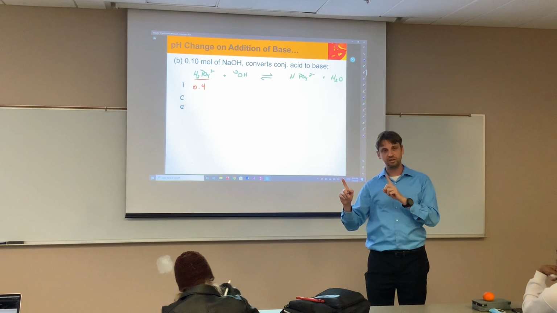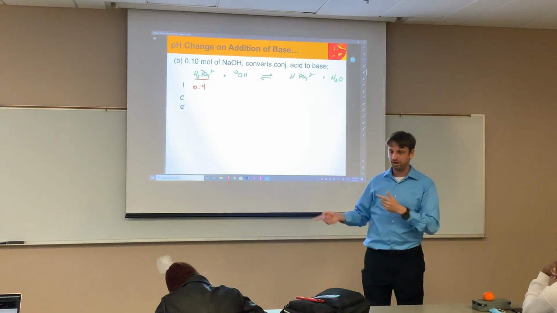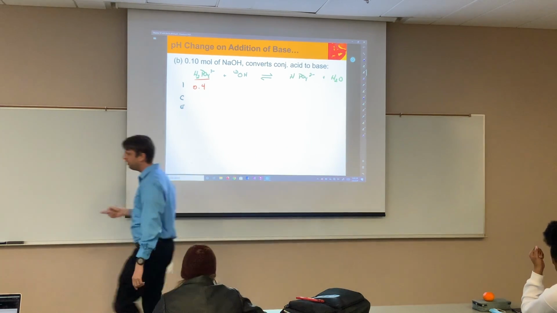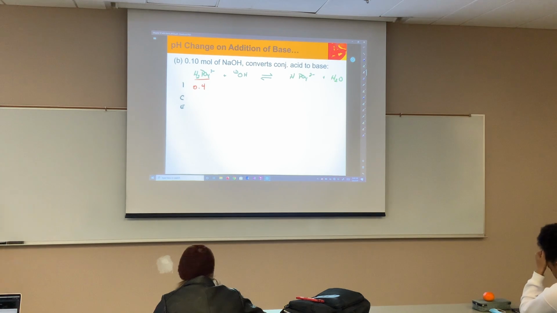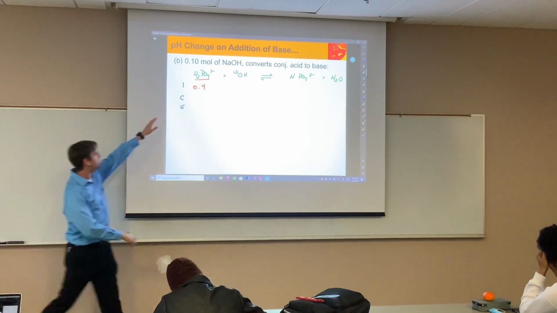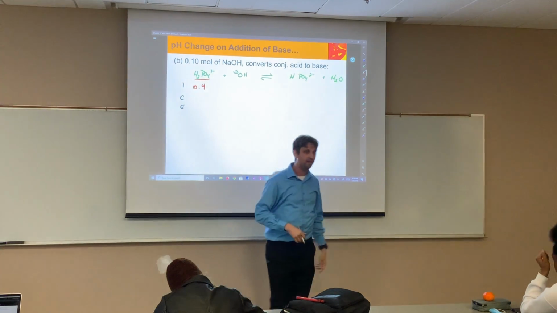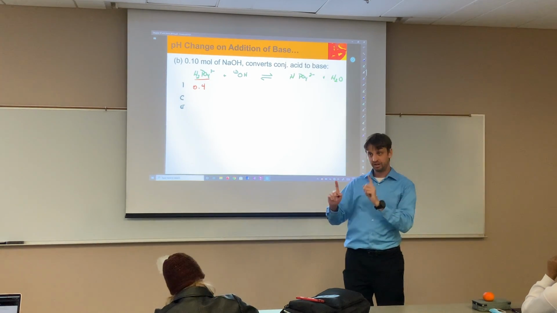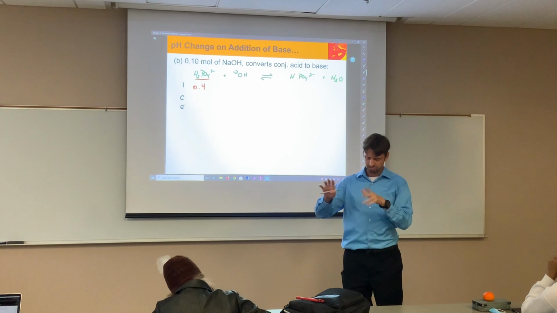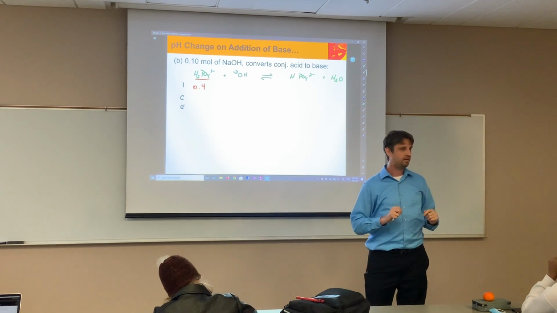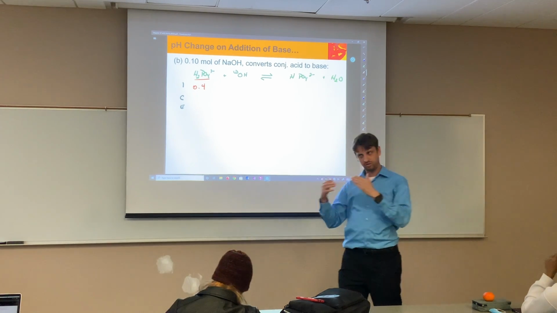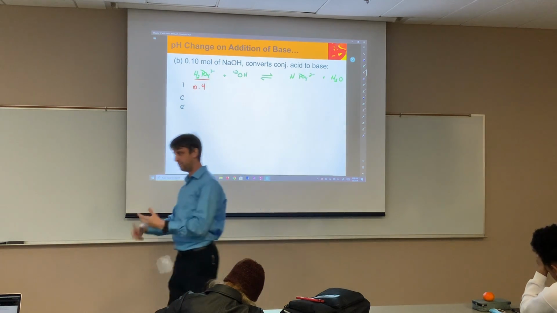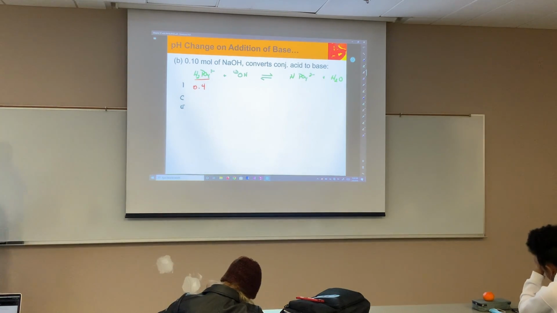If I have a 1 liter solution and it was 0.4 or 0.04? 0.4, okay, right? So if I'm 1 liter solution and it's 0.4, how many moles do I have? 0.4. You guys with me? So in this case, it's not going to matter, okay? But always pay attention to that, okay? Pay attention to the units of the stuff that's added, the concentrations, all these kind of things.